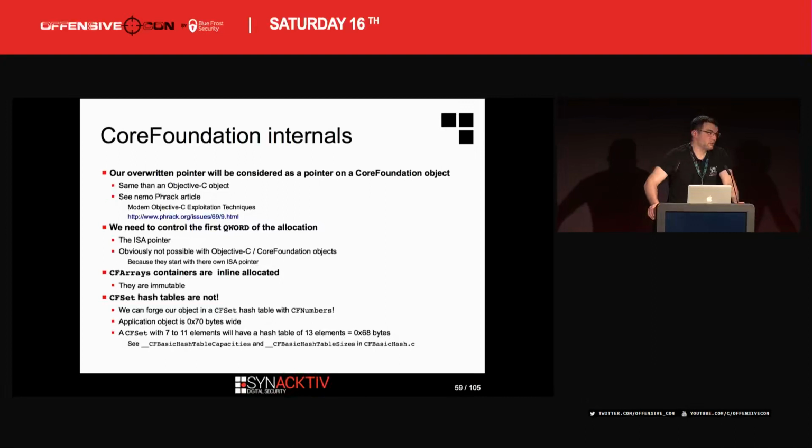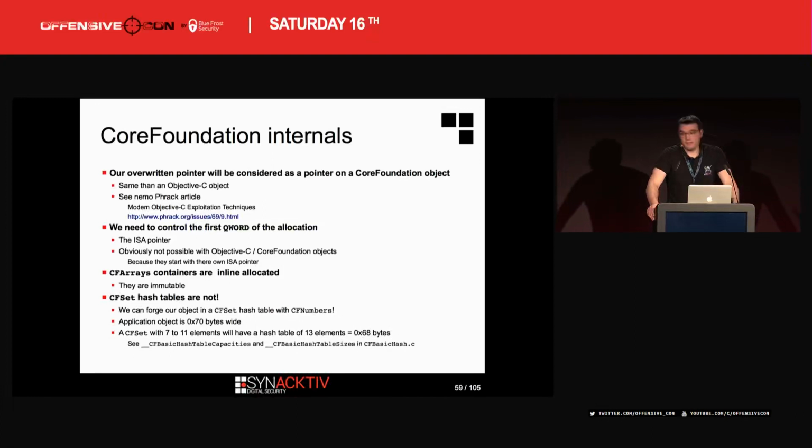The problem with arrays is that they are immutable when you are deserializing them. So if they are immutable, their containers are inline allocated. This means that you never control the beginning of the allocation when you are allocating a CFArray.